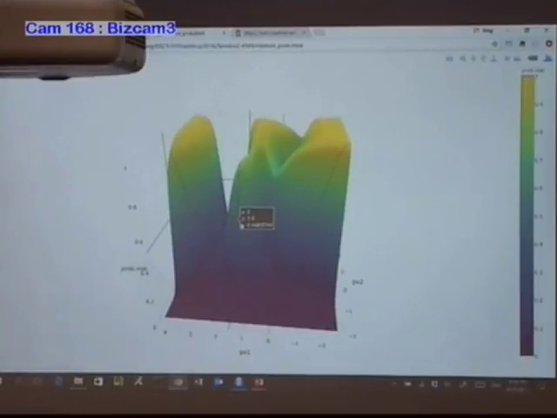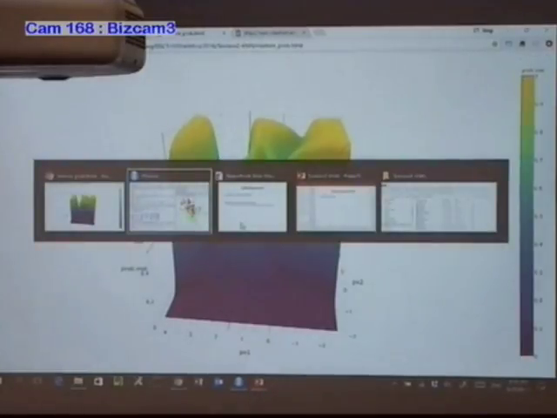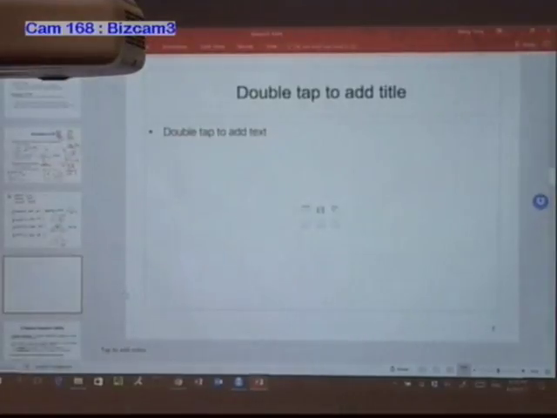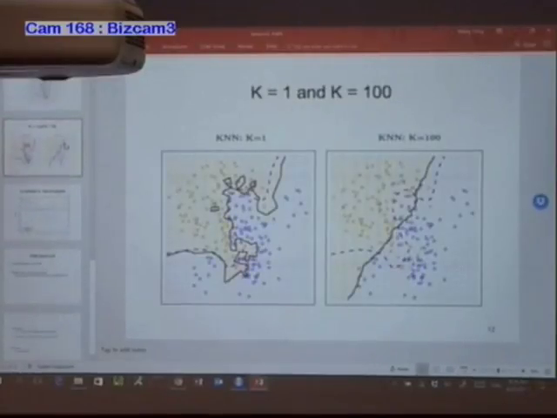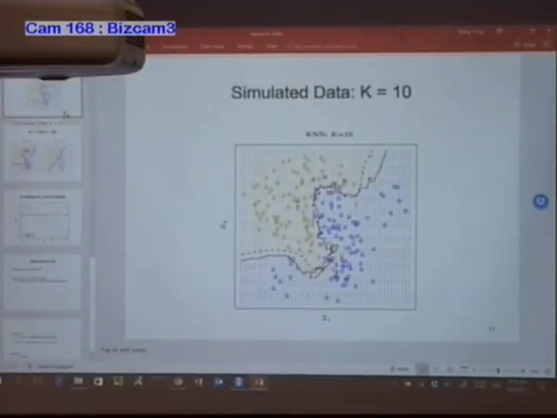Right? So if that's somewhat confusing, that's basically this guy. That's basically the same thing. Right? There are two lines. The dash one is the true one according to the data generating model. And there's a solid one that is predicted by your k-nearest neighbor.